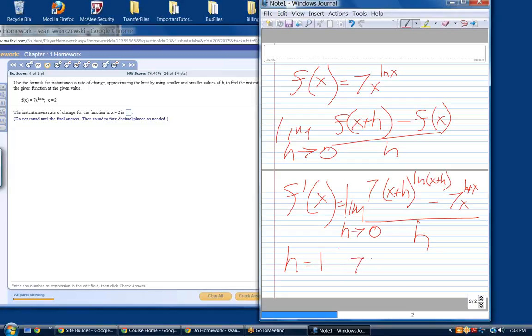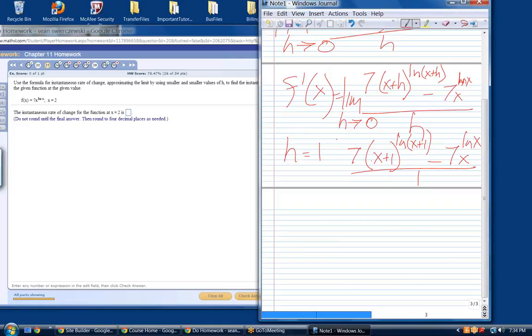So it would be 7 times (x plus 1) raised to the natural log of (x plus 1), evaluated at x equal 2, minus 7x natural log of x, all over 1. Okay, you with me? Yep. Now let's plug in 2 and see what number we have.